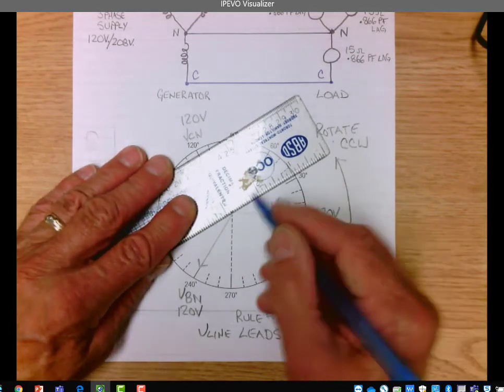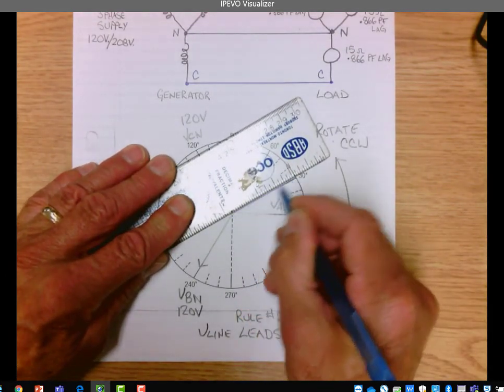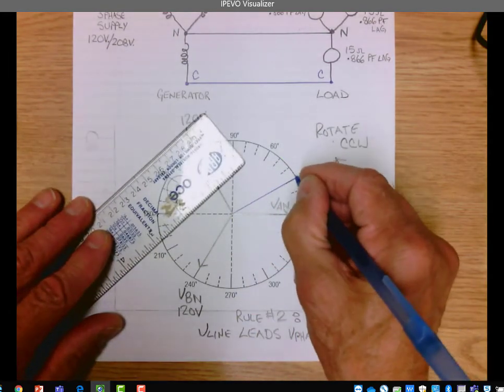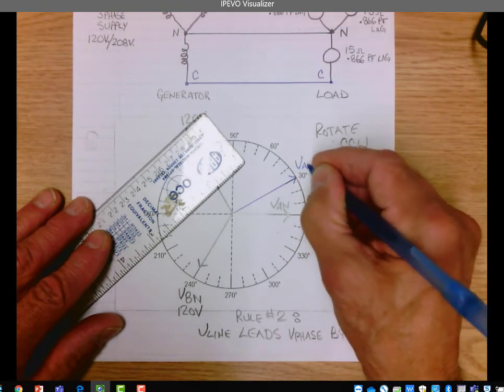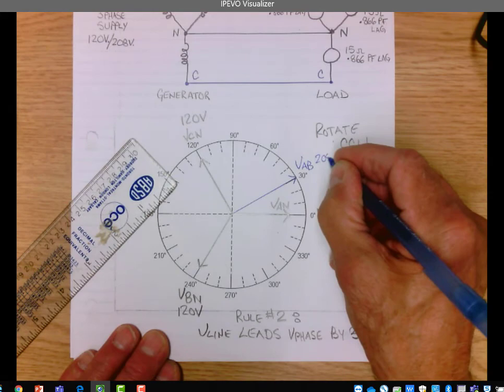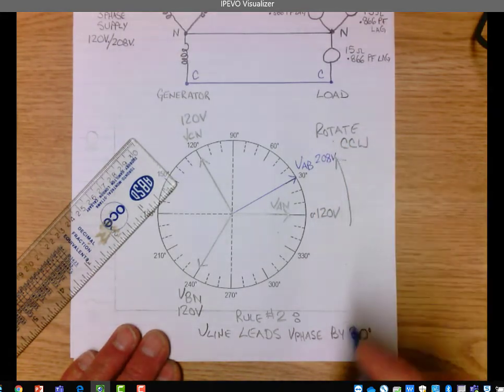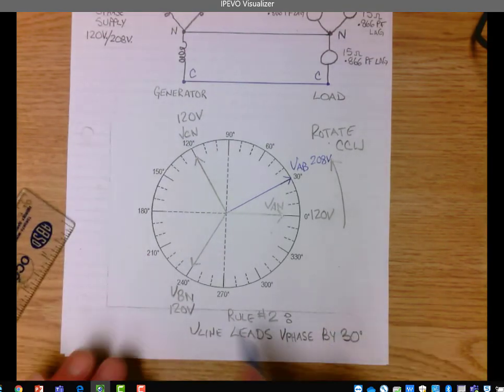So I would draw the line voltage 30 degrees ahead of the phase voltage, VA to B. And it is 208 volts and leads phase voltage A to N by 30 degrees.